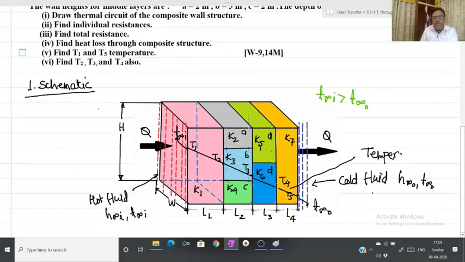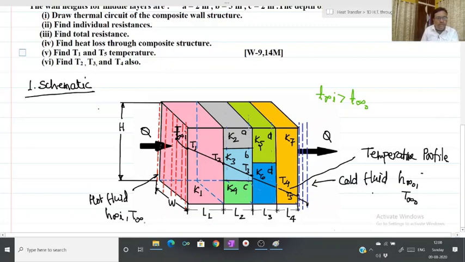So this is the temperature profile for the entire system. Let me represent these temperatures also by capital T, just to maintain the homogeneity.